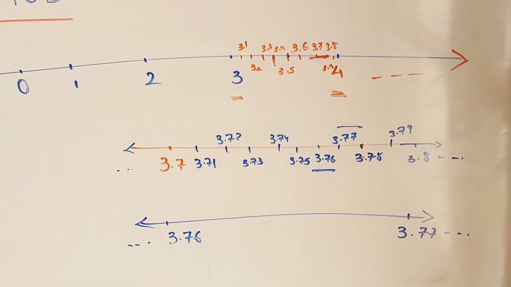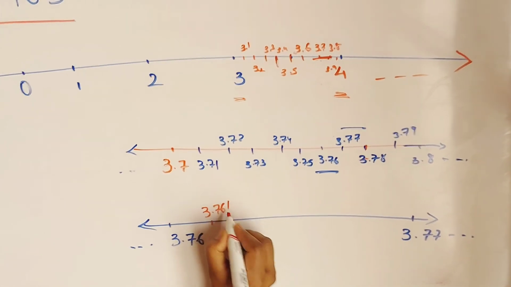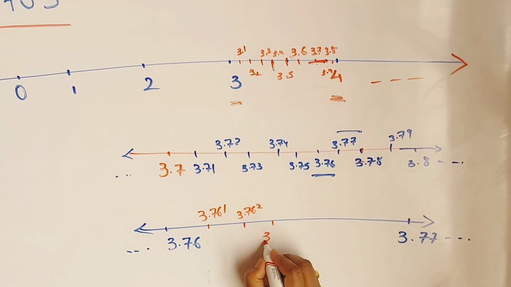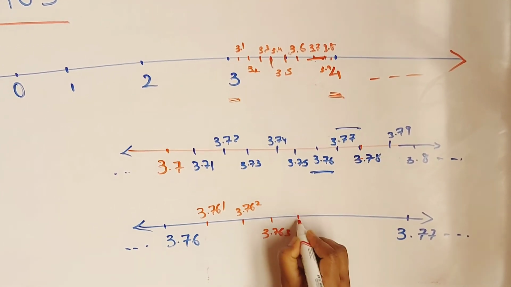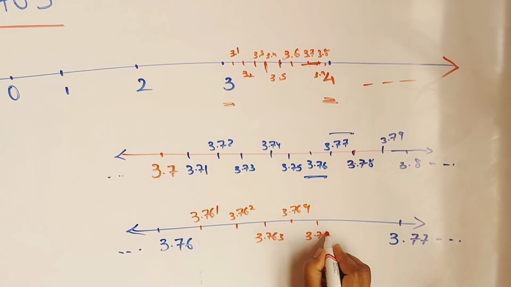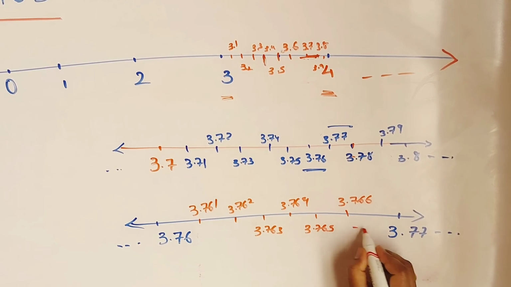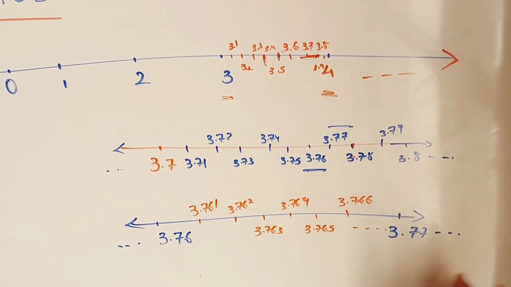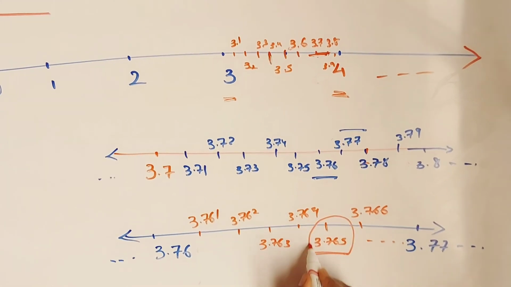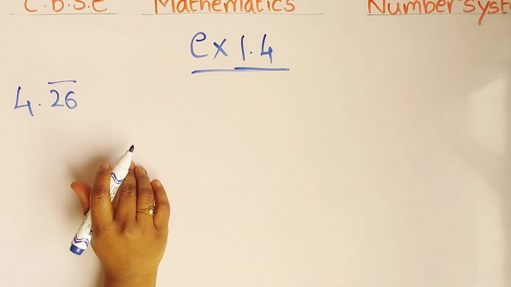Start writing the numbers. After 3.76: 3.761, 3.762, 3.763, 3.764 and 3.765, 3.766, so on, 3.77. So see, our number 3.765 is here on the number line, children. Clear?